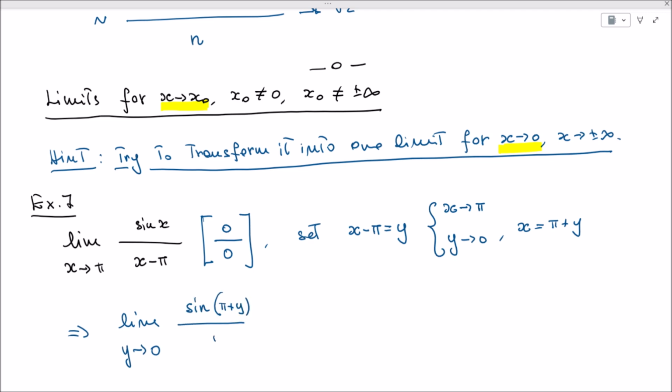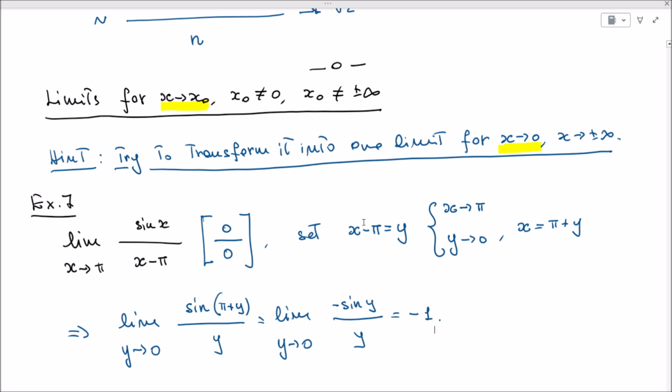Okay, but this is just by using a little bit of trigonometry. We know that this is minus sine of y divided by y. And this is one of the fundamental limits, so we know that this is equal to minus 1. Okay, so after the change of variable, it was quite easy.